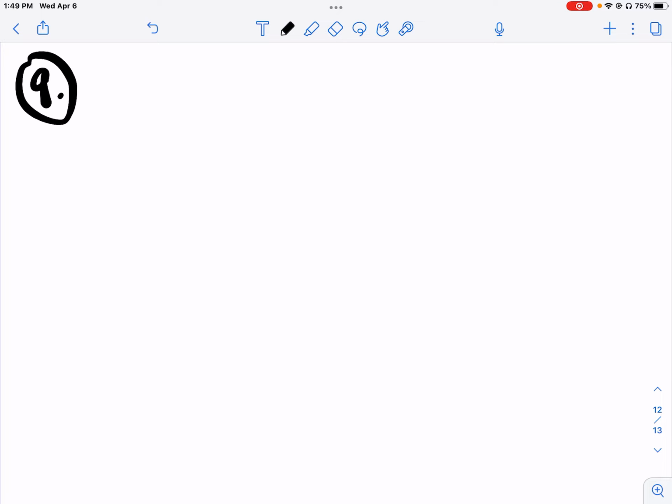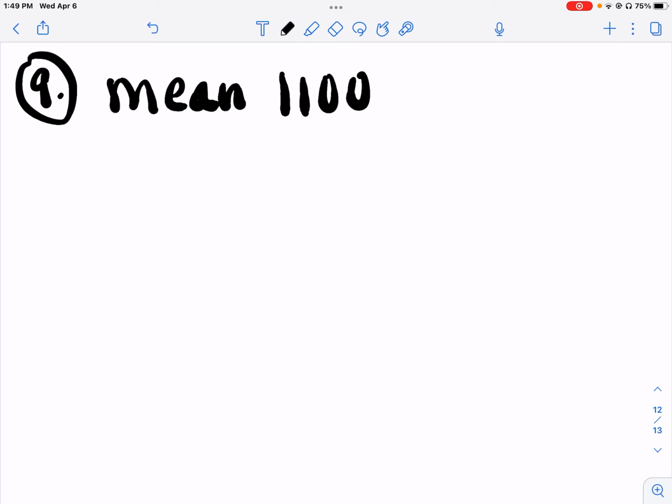Okay, number 9. Incomes normally distributed, mean of 1100. So you're on your test and you see mean 1100, circle. Then you see standard deviation 175, circle that. And look for your question.